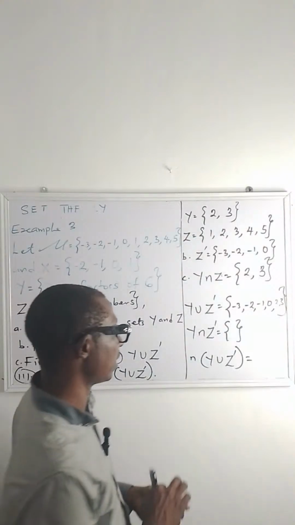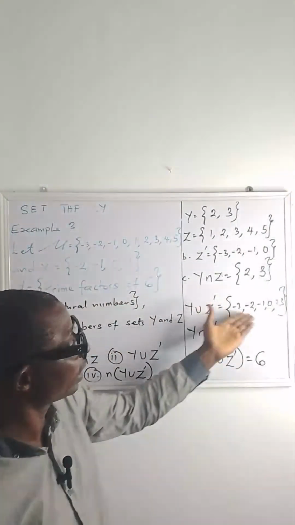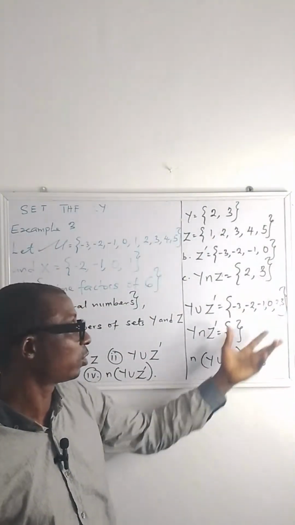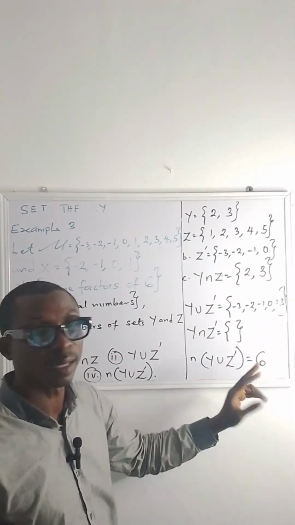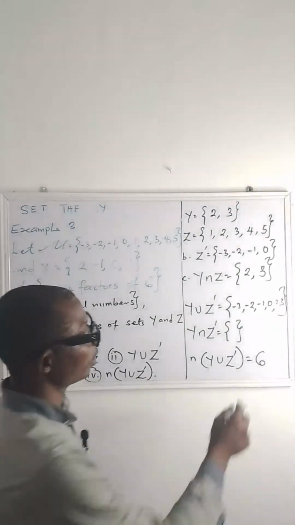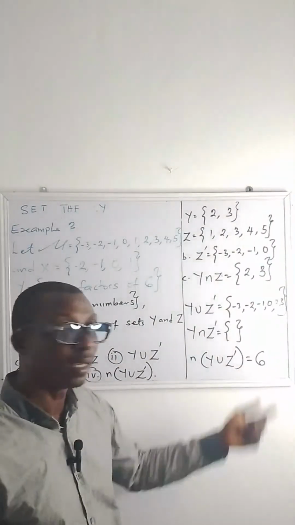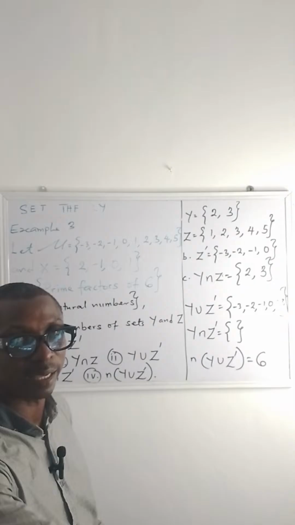So the answer to this is 6. Don't forget, when making a count, don't put your answer in a curly bracket because you have just counted the number of elements in a set. So you just write it as 6. It will be wrong to put this 6 in a curly bracket because 6 here is not a set. It's the number of elements in a set.